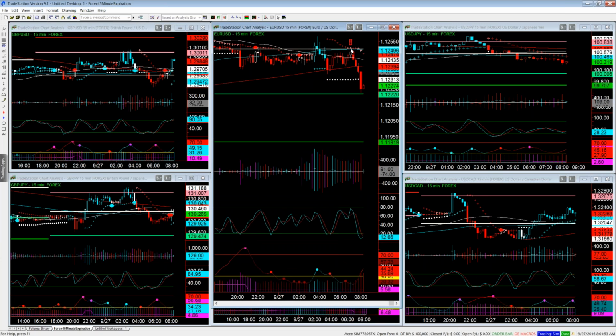In addition to that, price is at a pivot line, and it's also at this blue moving average value. So you have a moving average in that area, you have a pivot line, and you have an ATR. I would anticipate a downward movement off of that.